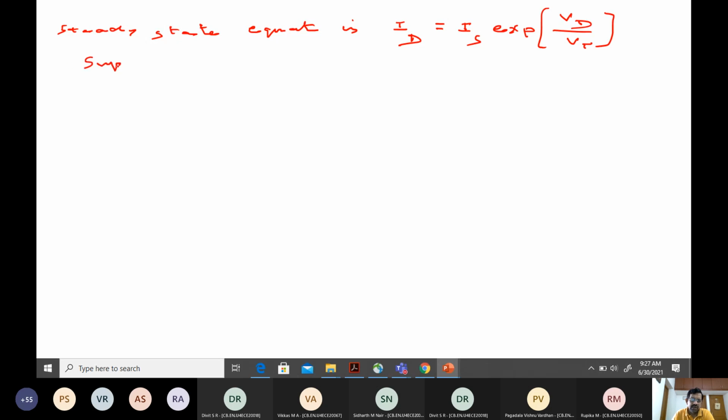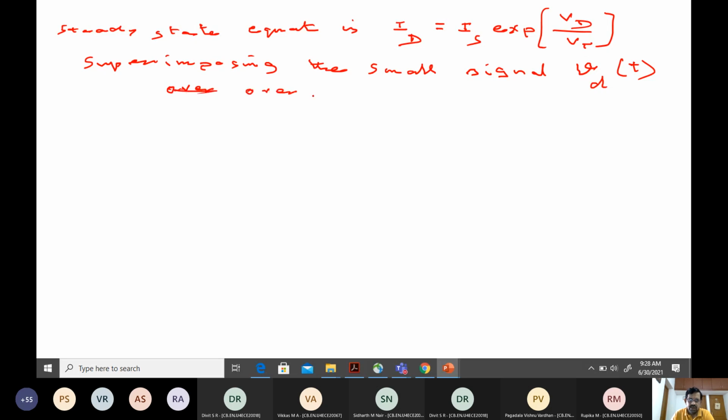So remember this term: superimposing the small signal, v of D as a function of t, over the DC value capital VD.